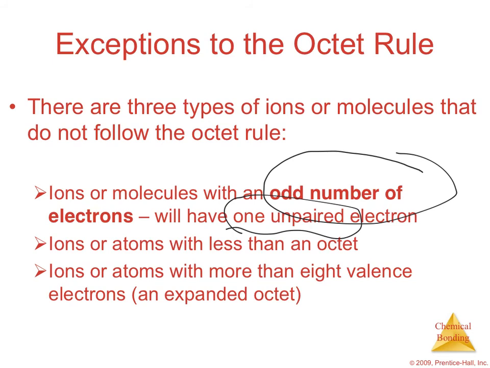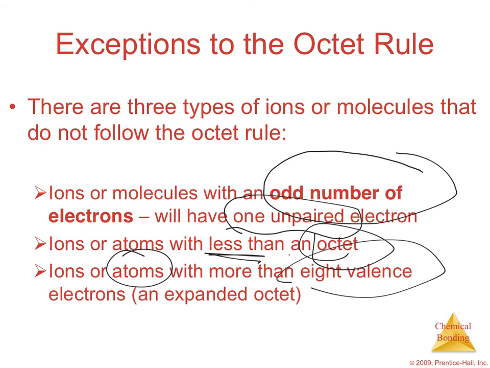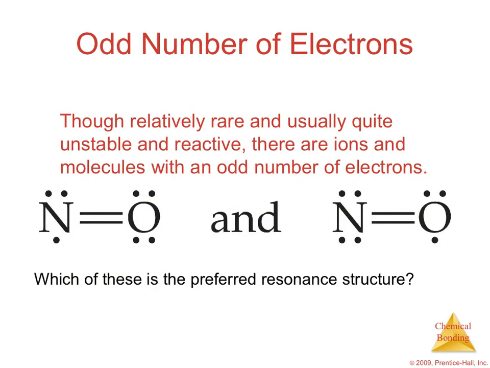The second category of exception is there are some atoms that are perfectly stable with less than 8 valence electrons, and those just have to be memorized. And more frequently, there are some atoms that are perfectly able to hold more than 8 valence electrons. So we're going to go through each of those briefly.